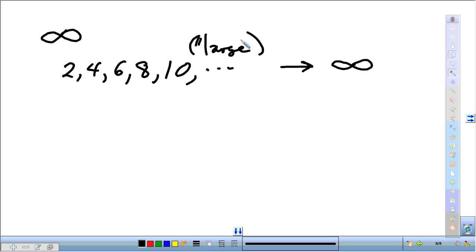I like to sort of think of it this way. Very large, larger and larger. So I sort of assign this conceptually extremely large.